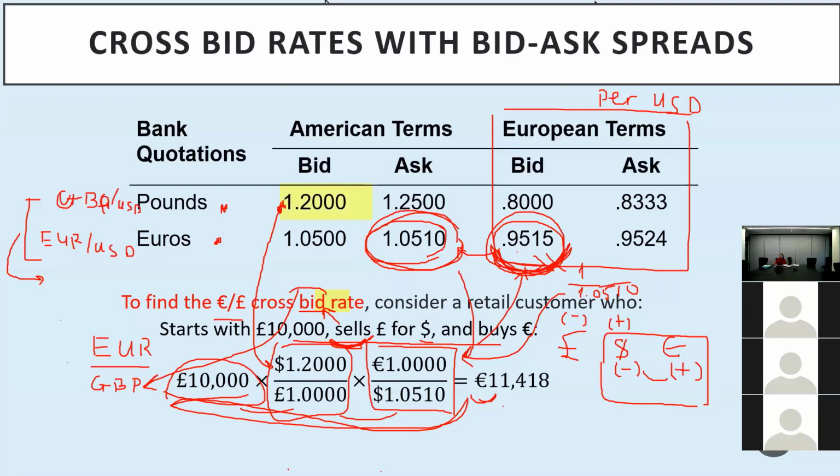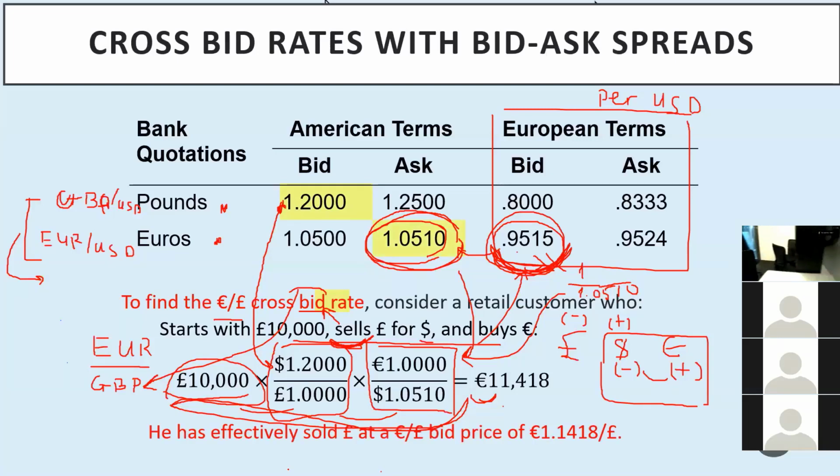So effectively, we have converted 10,000 pounds into 11,418 euro, so that the exchange rate between the pounds and the euro is 1.1418, right?